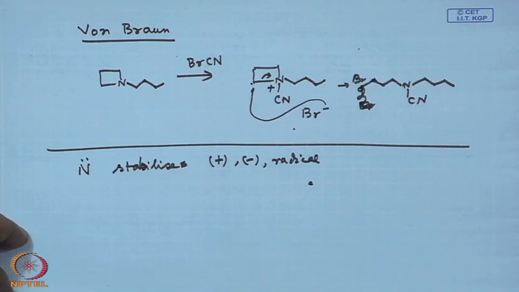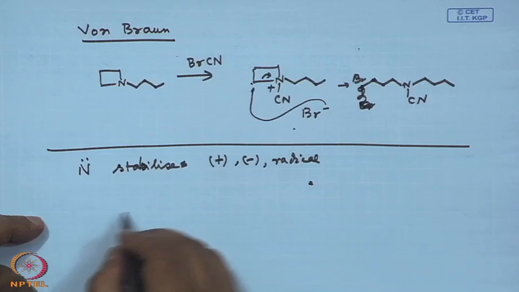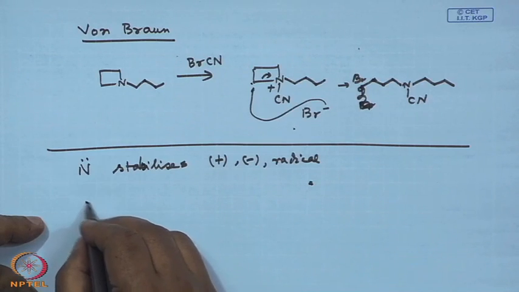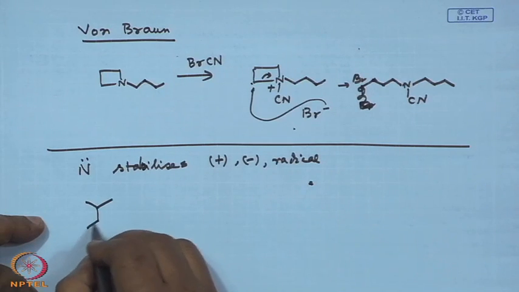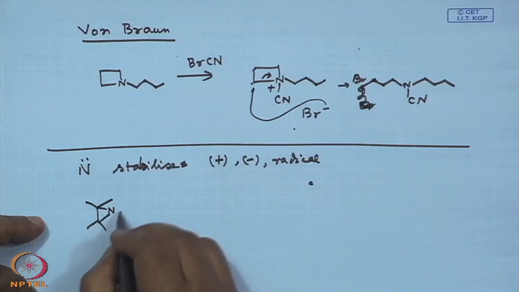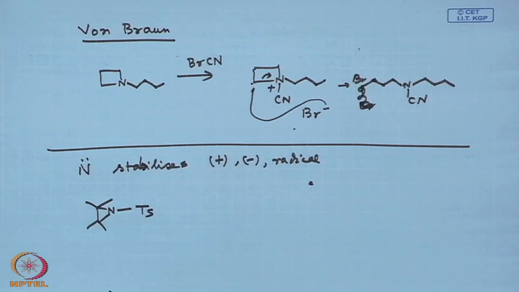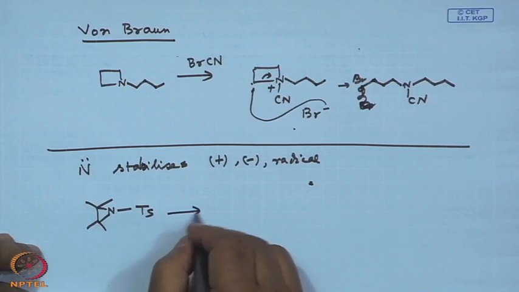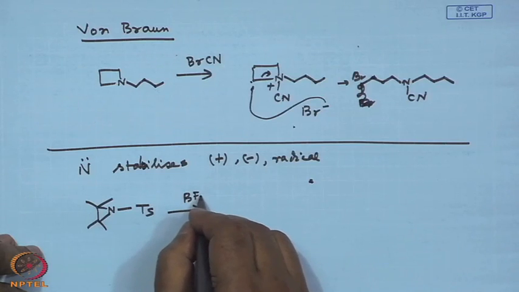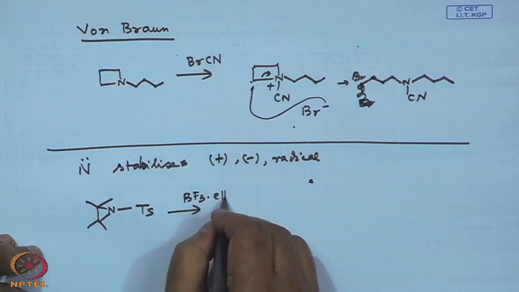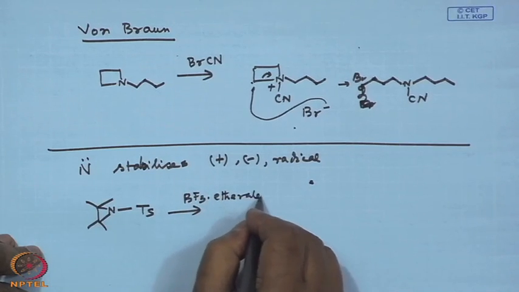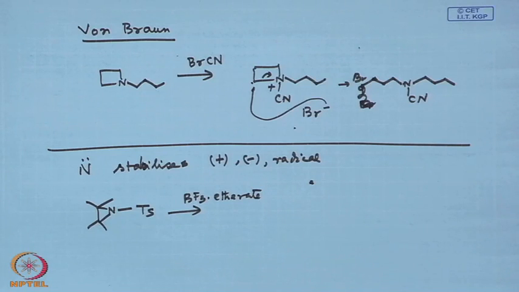So, this is important, and for example, it can also induce, let us say, pinacol rearrangement, and in that case it would be known as pinacol rearrangement. So, if you treat this with, let us say, BF3 etherate, what would you expect?